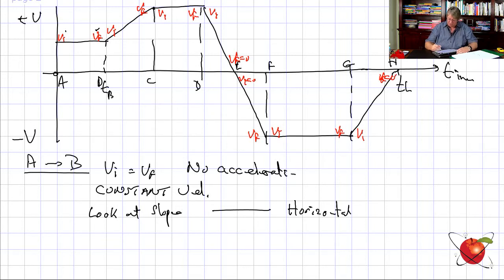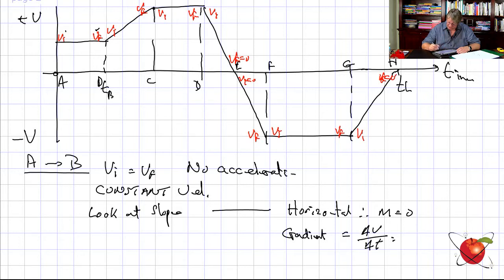Therefore, the gradient m is naught. If the gradient is naught, it means there's no acceleration, because the gradient is equal to delta v over delta t, which is equal to acceleration. Correct? See that?